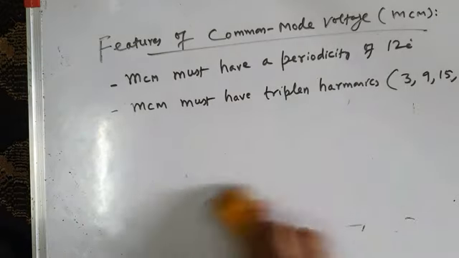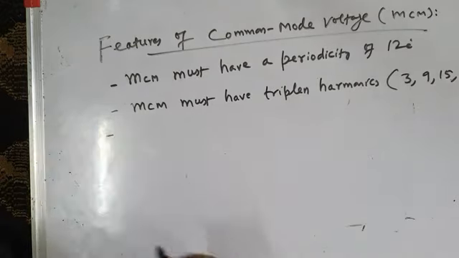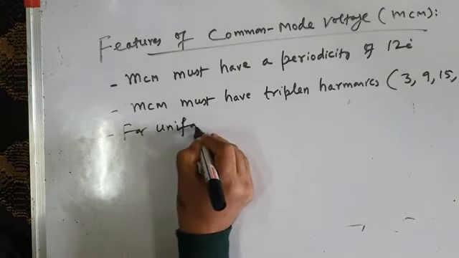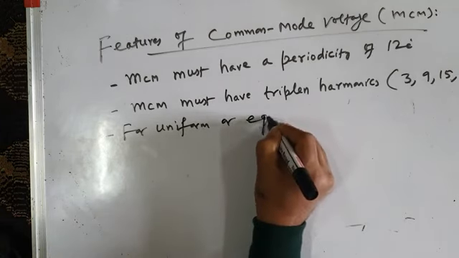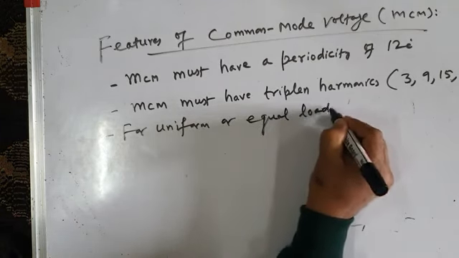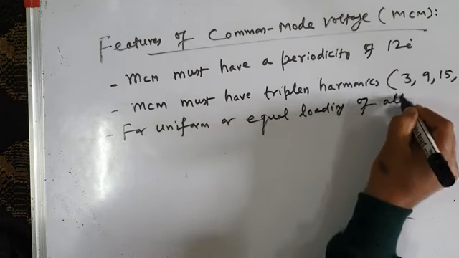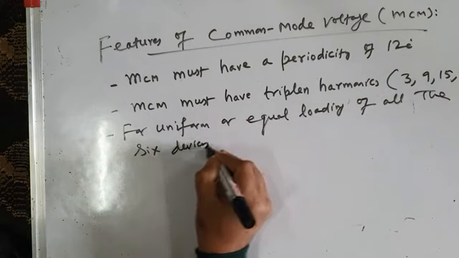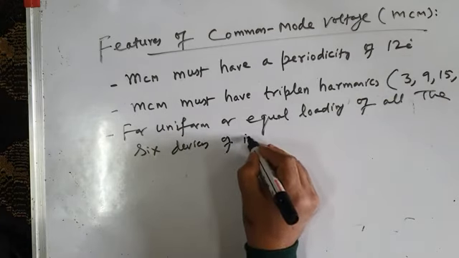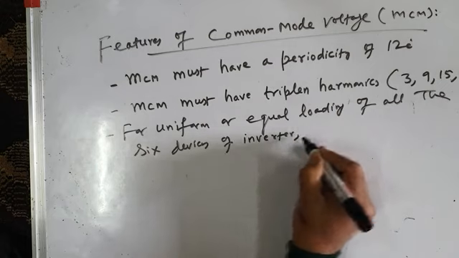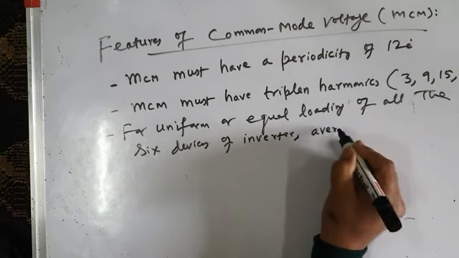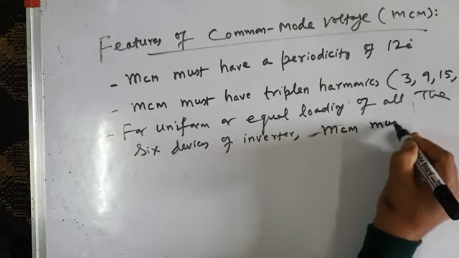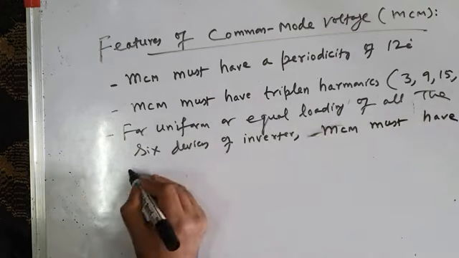And finally, the last requirement, which is very important, is that for uniform or equal loading of all the 6 devices of the inverter, the 6 IGBTs, every MCM, that is the common mode signal, must have 0 average value.